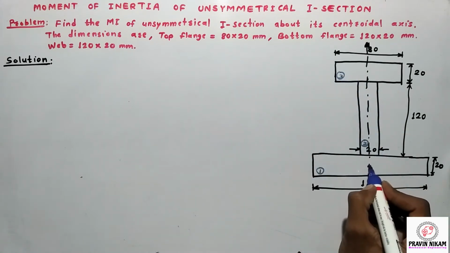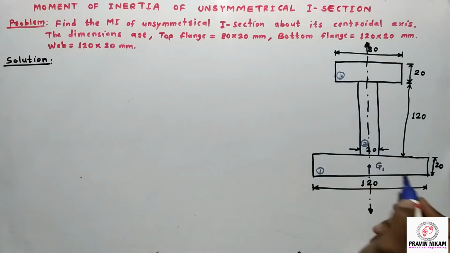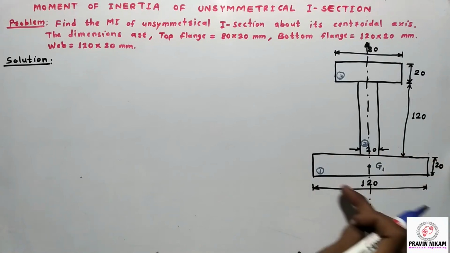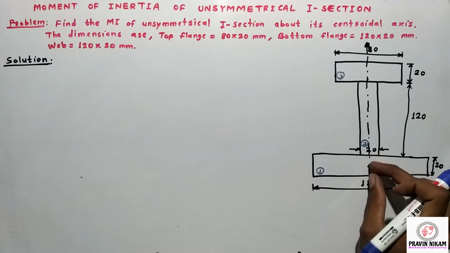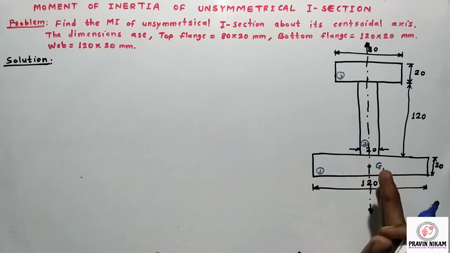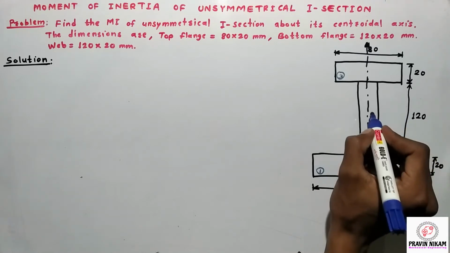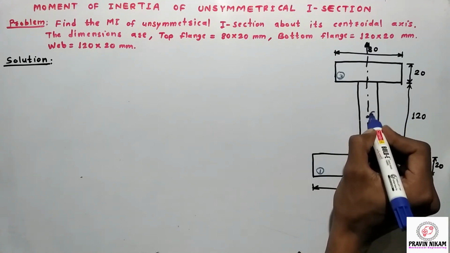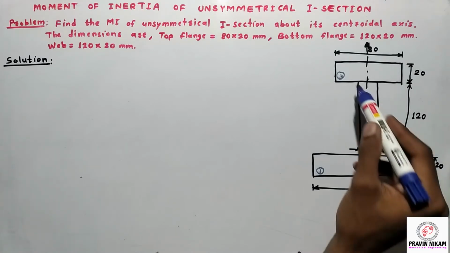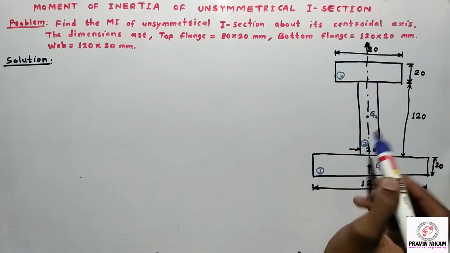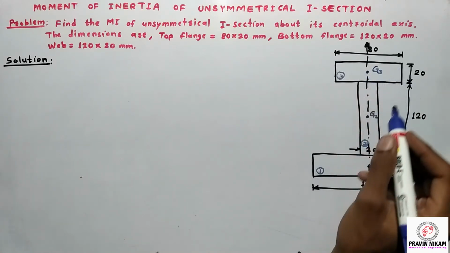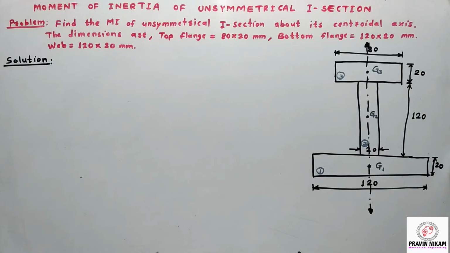Now this is G1, the centroid of rectangle 1, at 10 mm from the bottom and 60 mm from the left side. Then this is G2, the centroid of section 2, and G3, the centroid of section 3.